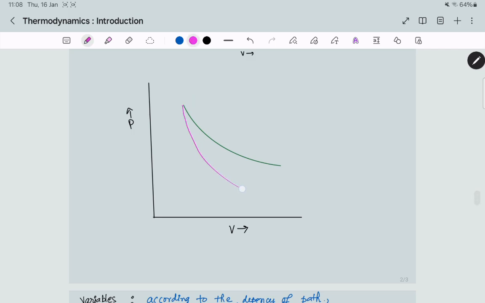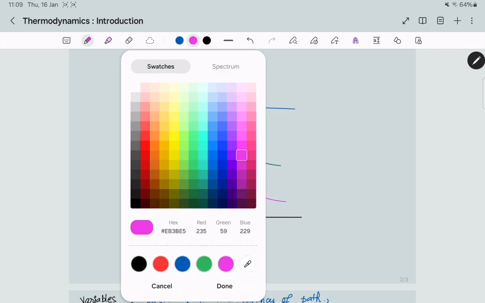Then we are doing it for adiabatic process. Then this one will be isobaric process, right? And let's use another color.